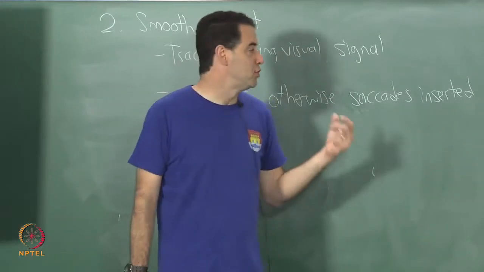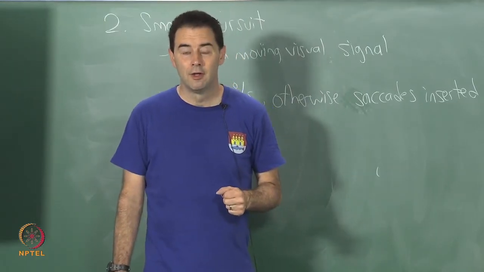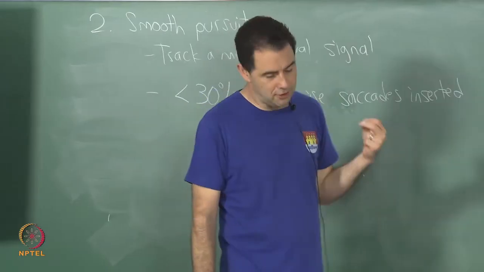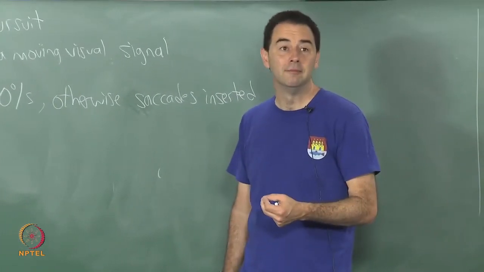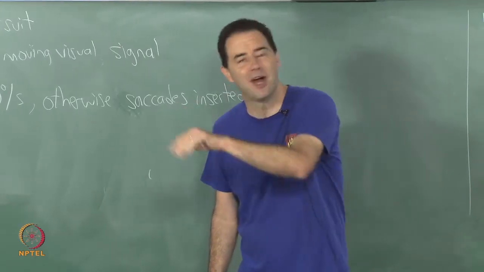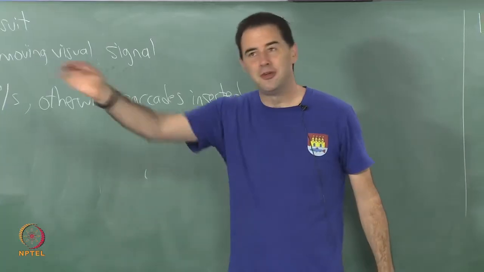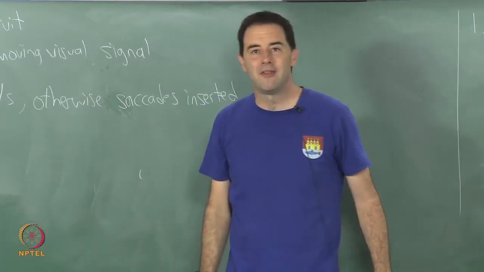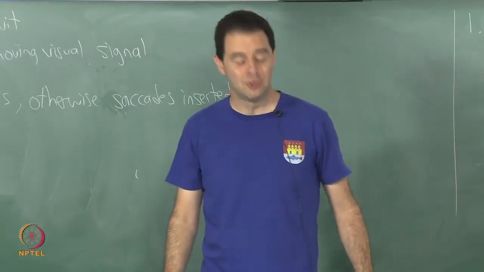The main reason for doing this is to reduce motion blur. This attempts to give a more stable image on the retina as the object that you're tracking, or whatever features they are, are moving, to make that appear to be a stable image, to make it look motionless as far as your retina is concerned.